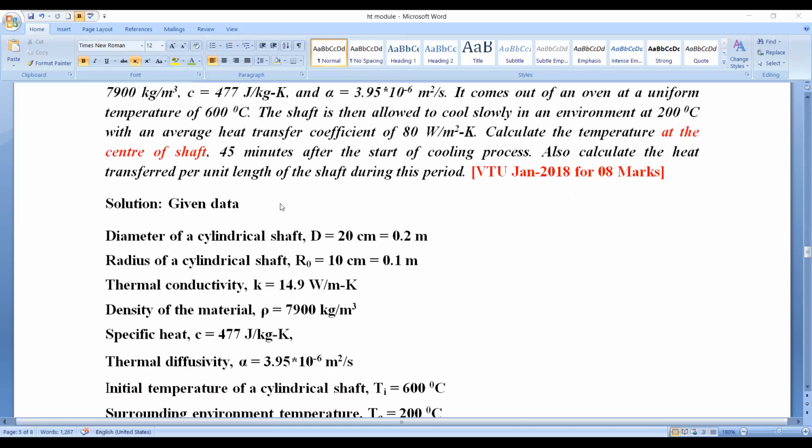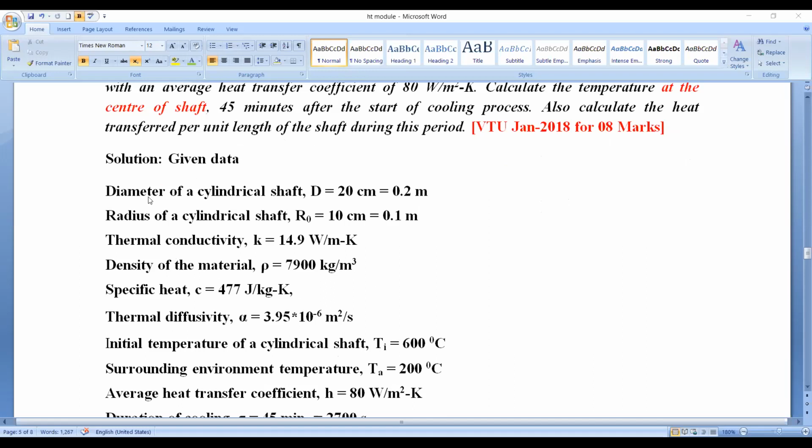So write down the given data. Diameter of the cylindrical shaft D equals 20 centimeter or 0.2 meters. Now we have to take the radius for the further calculation, so radius R equals 0.1 meters. Thermal conductivity 14.9 watt per meter kelvin. Density 7900 kg per meter cube. Specific heat 477 joules per kg kelvin.